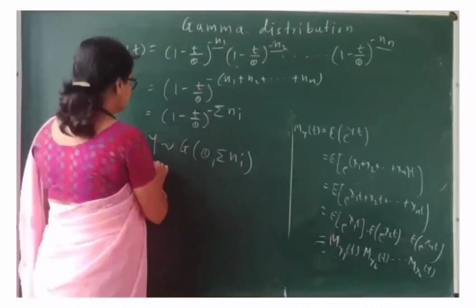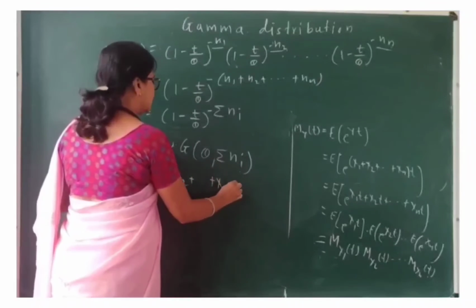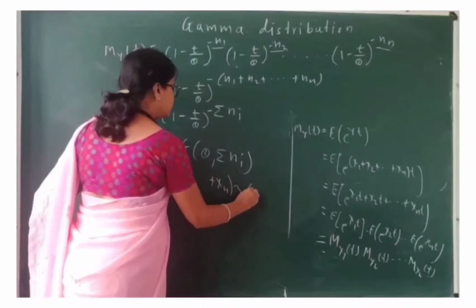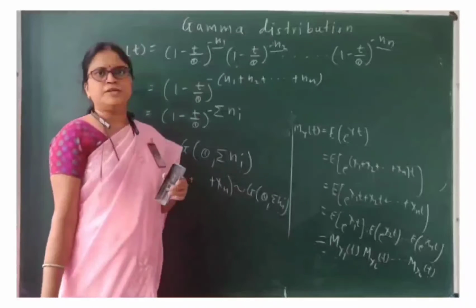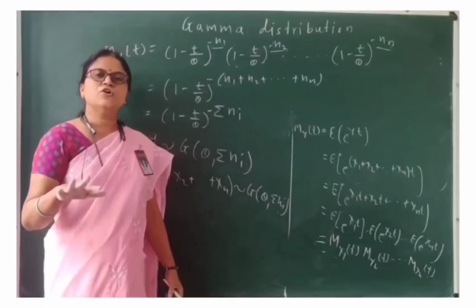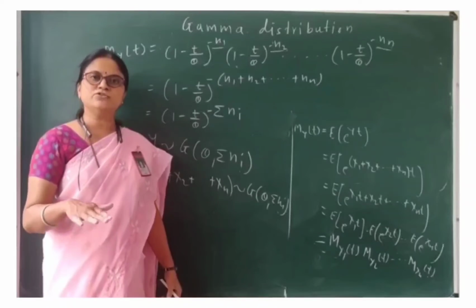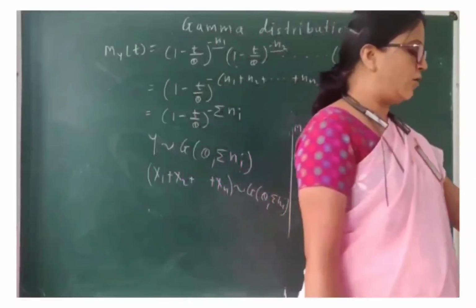And Y, which is X1 plus X2 plus so on up to plus Xn, follows a gamma distribution with parameter theta comma summation of ni. That means the addition of gamma distributions is a gamma distribution only. So that is the additive property of the gamma distribution.